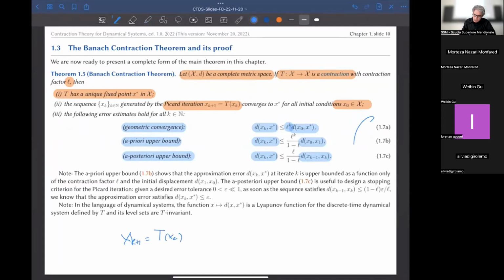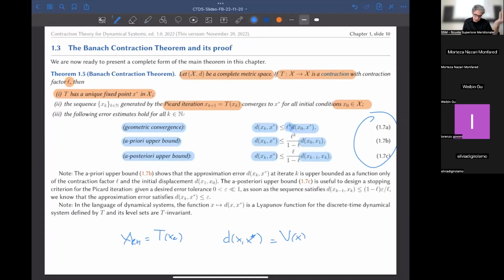And what these conditions are telling you is that d(x, x*) as a function of x is a Lyapunov function in discrete time. So this is a stability theorem. It's not stated that way. I haven't seen it in control theory books, but that's what it is, it seems to me.